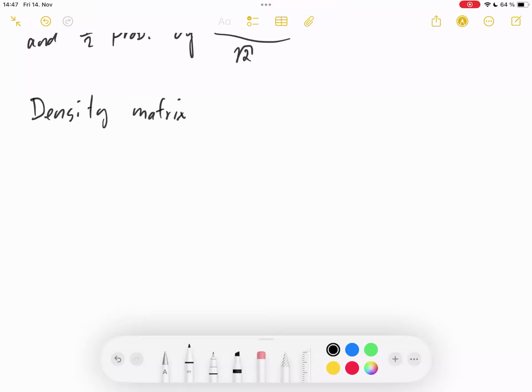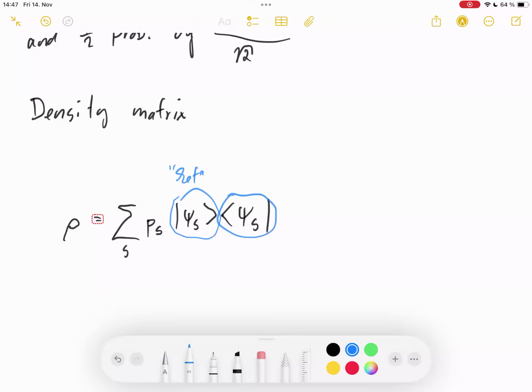We can call this, for example, rho, and rho is a sum of a probability p_s, which is the fraction of the ensemble in each pure state, and then we have these pure states, which we call psi_s ket, and we multiply this with psi_s bra. So we have the ket here, and its bra.